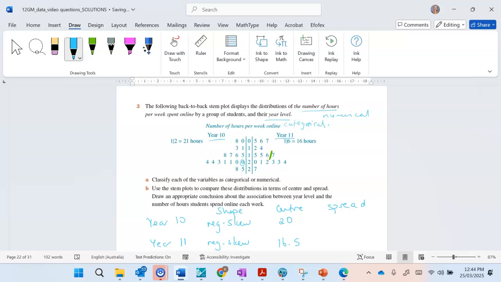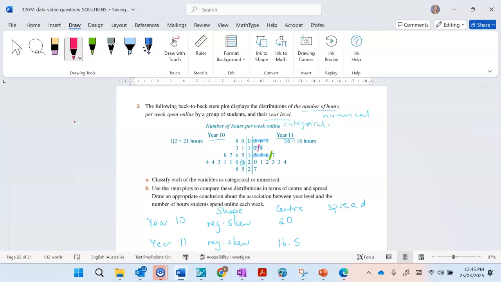When we're referring to spread, we're doing the interquartile range. So going back to when we did the interquartile range, I've split my box plot into halves. So there's my lower half. There are 8 numbers there. So my lower quartile is going to be halfway between the 4th and the 5th, so it's going to be 13.